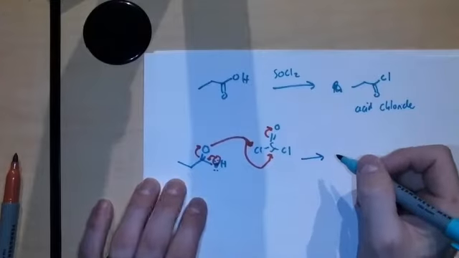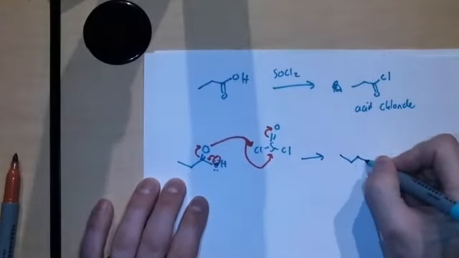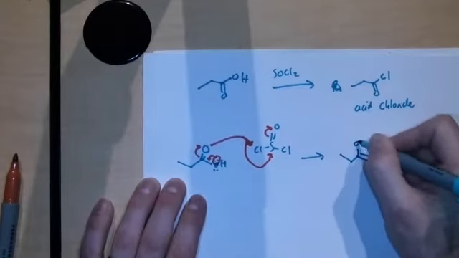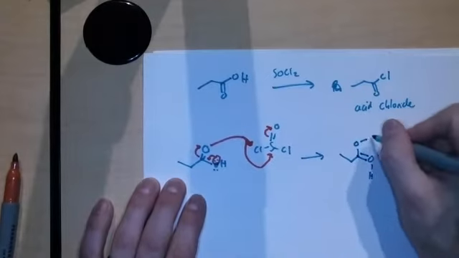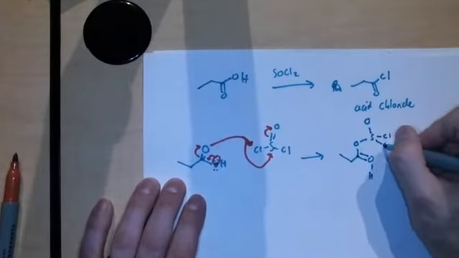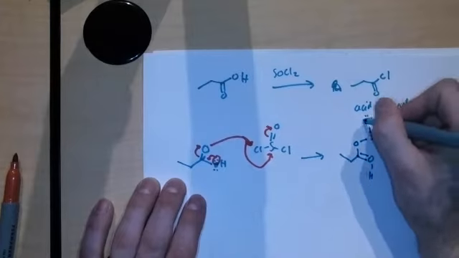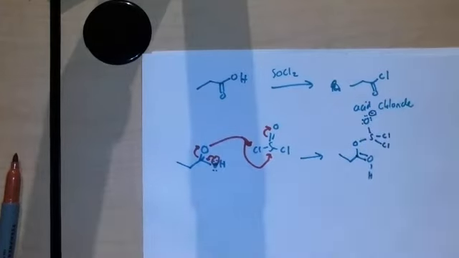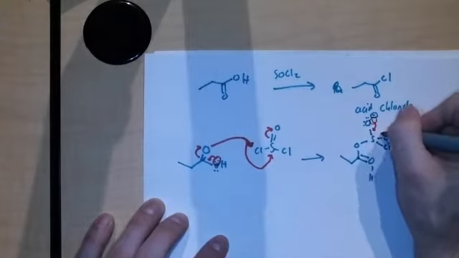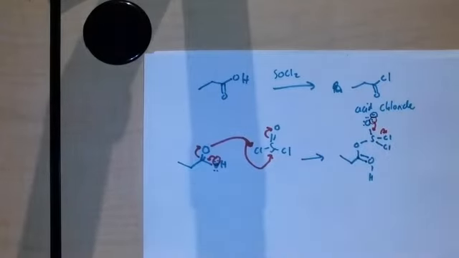We're going to make an intermediate that looks like this, where we now have a negative charge on our thionyl chloride. We can come and kick out one of these Cl's here.